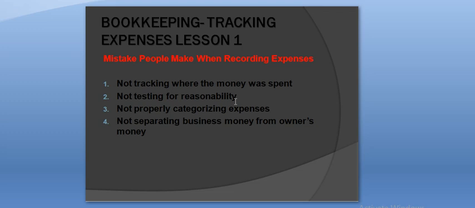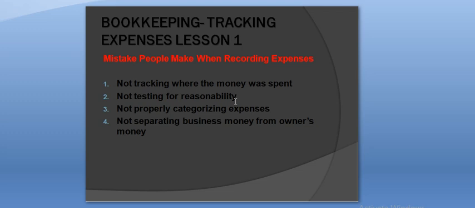So it's not reasonable, because to me that would be fraud, or this person is overstating the amount. So I'll have to ask why it is 10,000 naira instead of 200 or 500 naira. So you need to test for reasonability when you are recording your expenses.